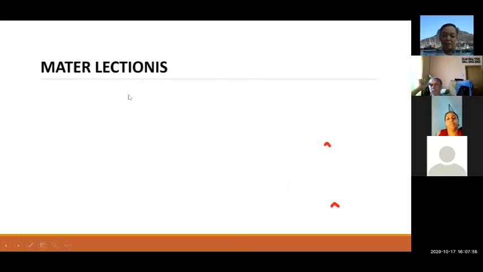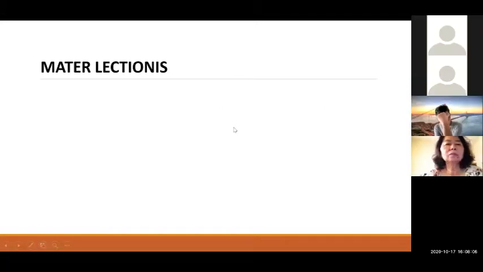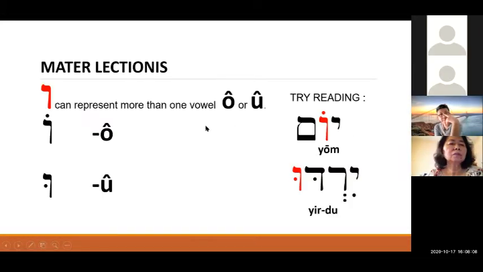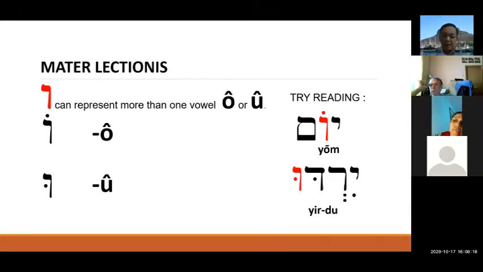Let's look at the, Stephen, yes, can I ask a very quick question? Now when you show the vav with that, how do we know that it is not the vav with the O on top, and how do we know that it is not a consonant but a vowel, for that vav with the dot on top?